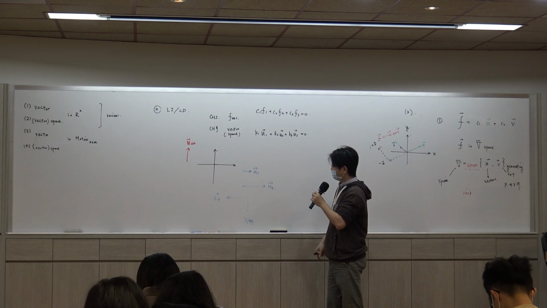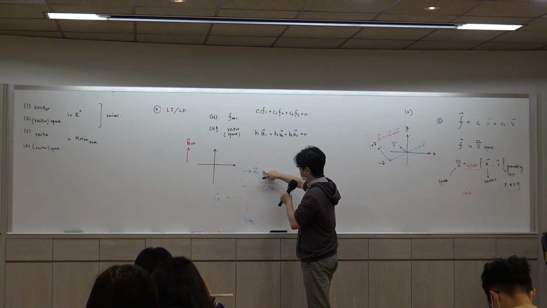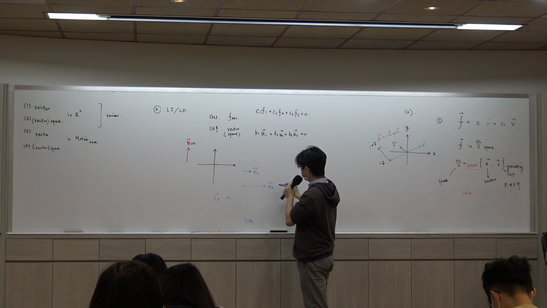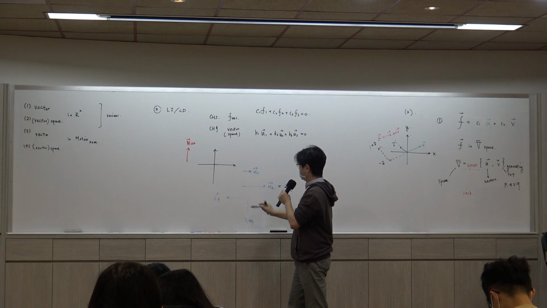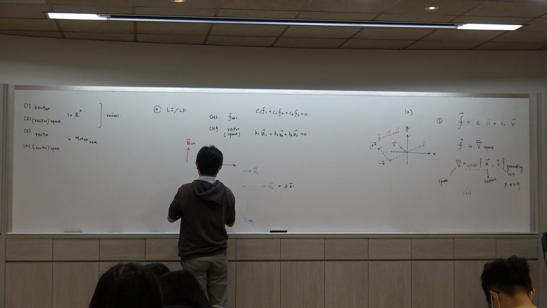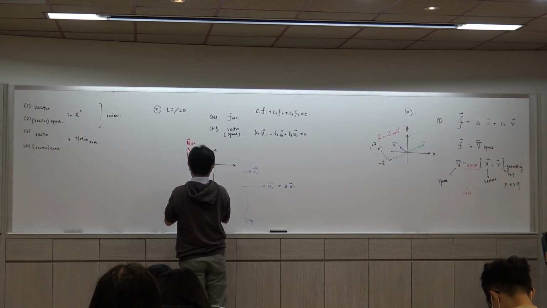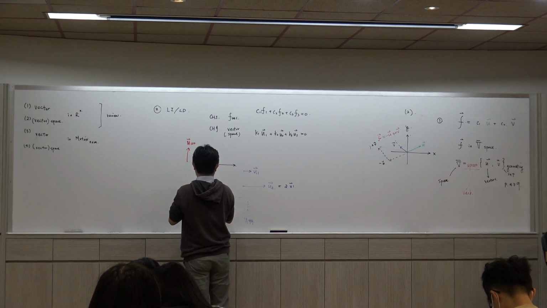For example, U1, so U2 equals 2U1, U3 equals minus U1.